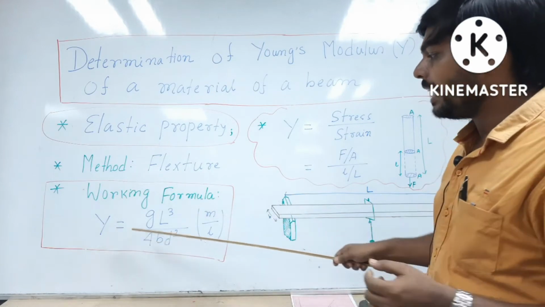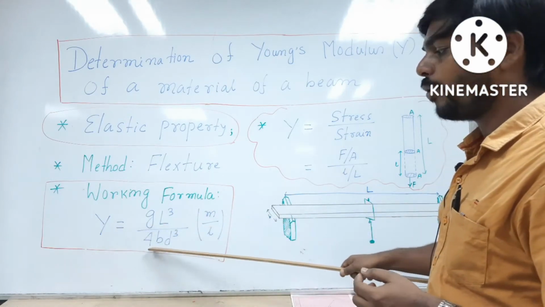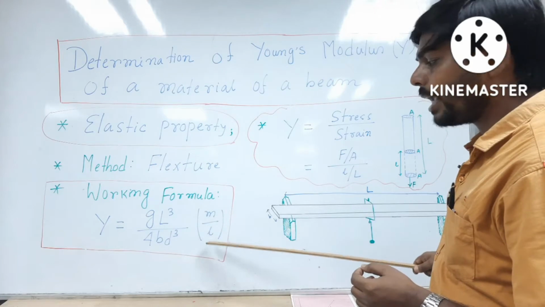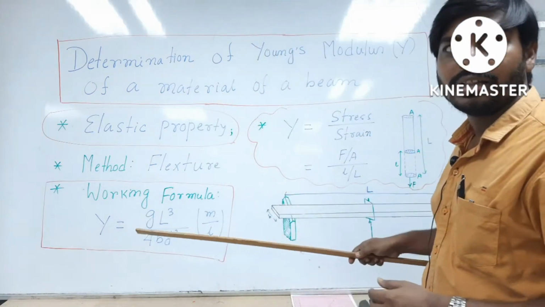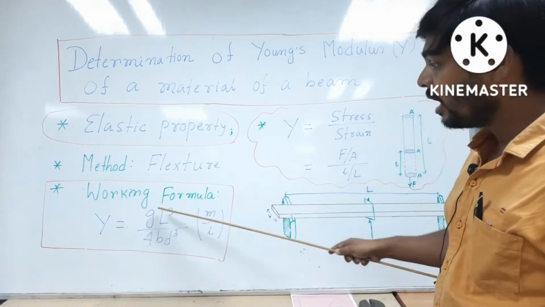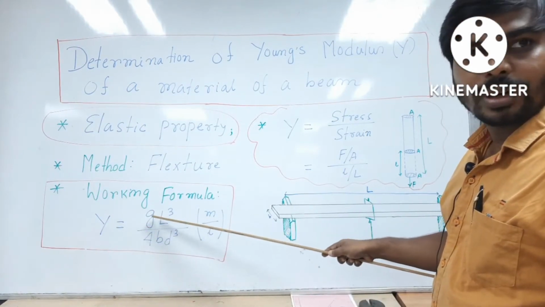What is the formula? It is g L cubed by 4 b d cubed, times small m by capital M. What is g? g is the acceleration due to gravity.